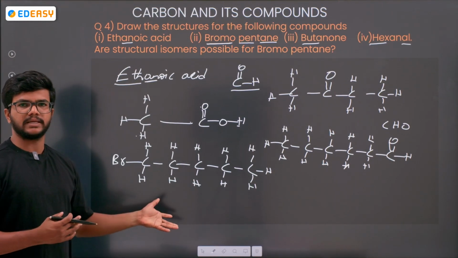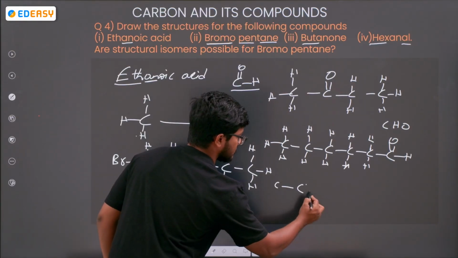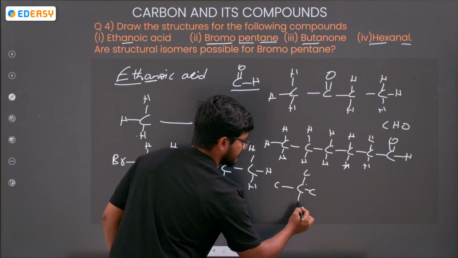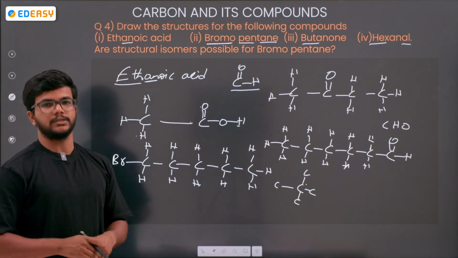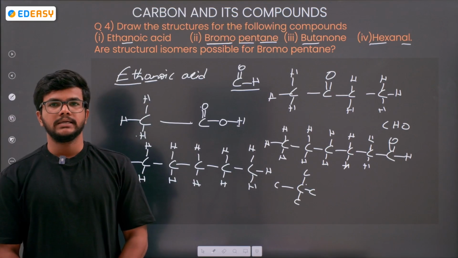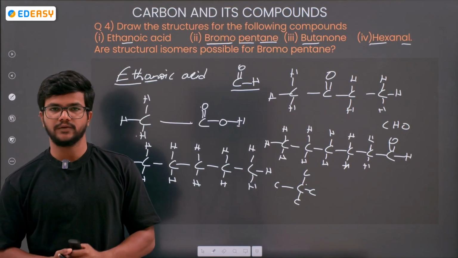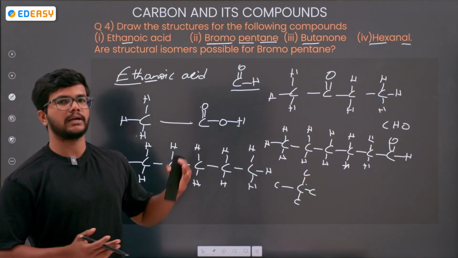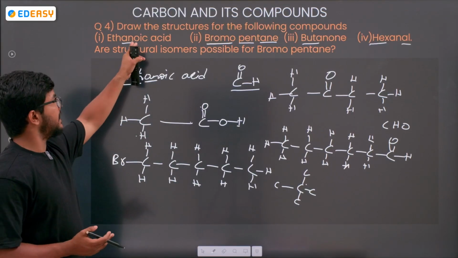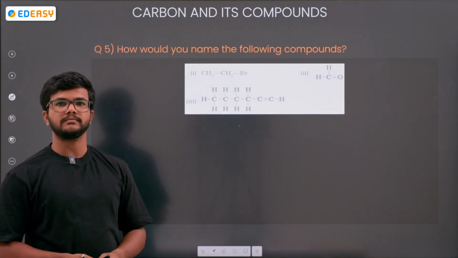Yes, we can change the structure of the pentane. This is a linear chain, a branched chain is also possible, cyclic is also possible. Okay, this is about structural isomers. By writing the structures of the given compounds, you can write the names of the compounds from the given structures. Okay. Next, here.